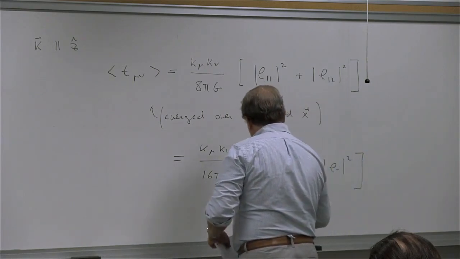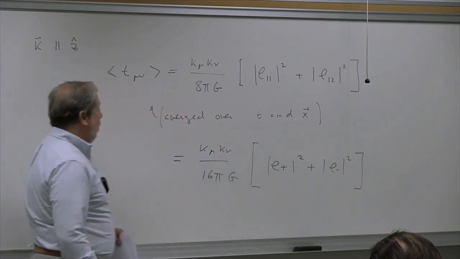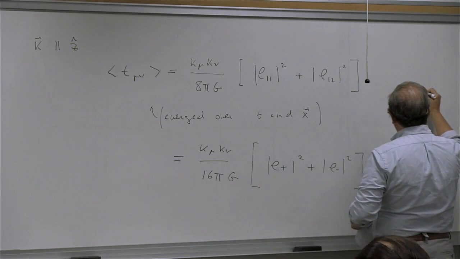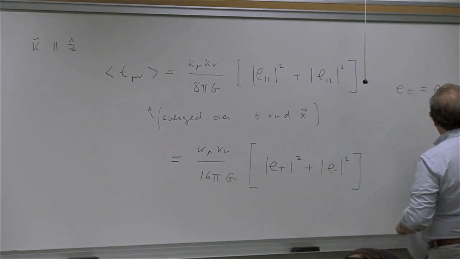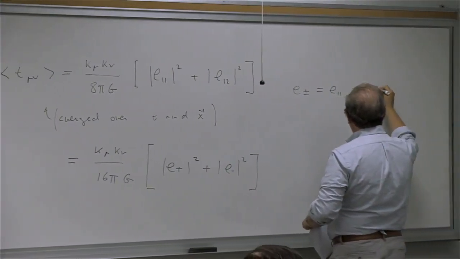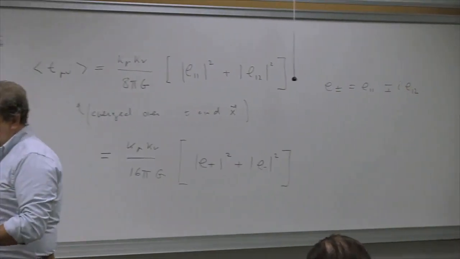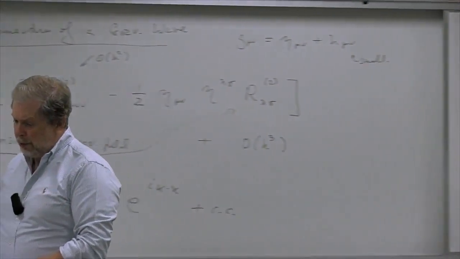It's the same thing, with a factor of 1/2, because remember that E plus minus was equal to E11 minus plus i E12. So we can write it either way, and that's the expression for the t mu nu for a single gravitational wave.